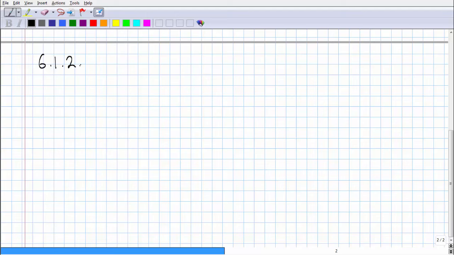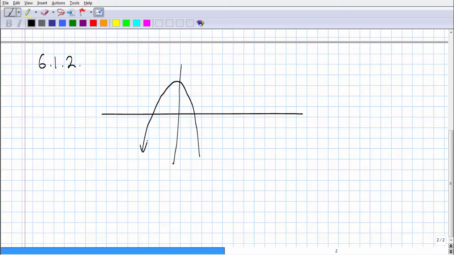6.1.2, it says determine the coordinates of Q. So I'm just going to redraw this so that we don't have to keep flipping between the two. So we've got something that looks like this. That's our F graph. That's point T. We've got another graph that comes in like this.